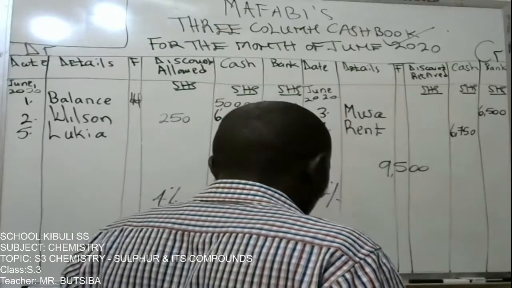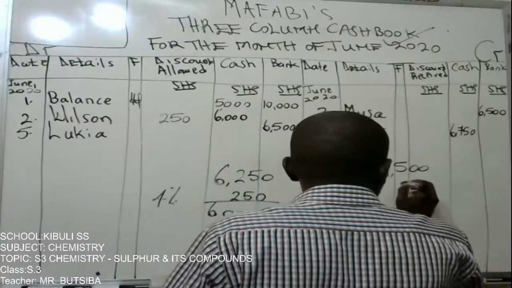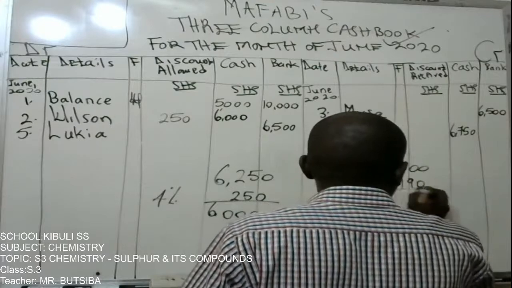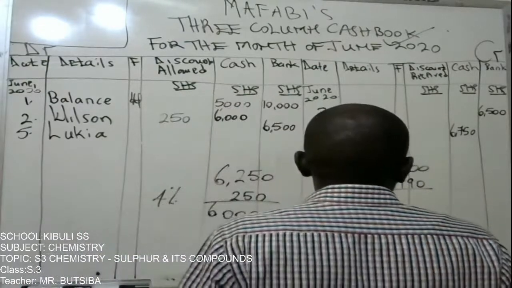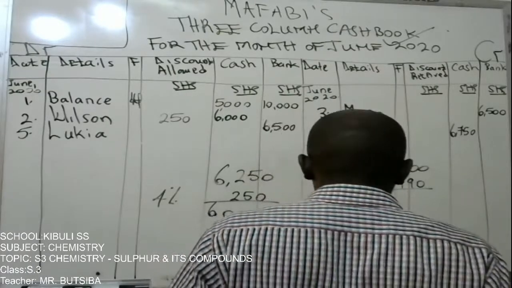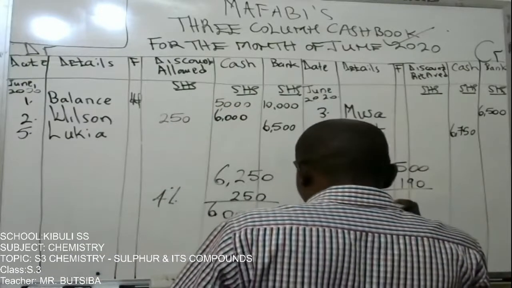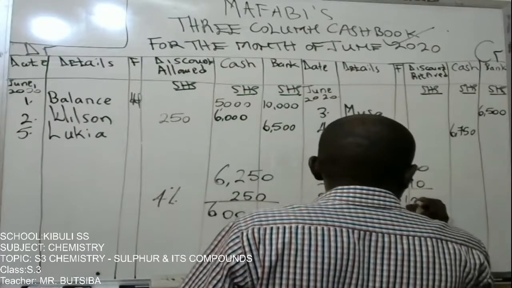So the amount you get is 190 shillings. This is the discount received at that stage. So when you get the difference, you remain with 9,310.